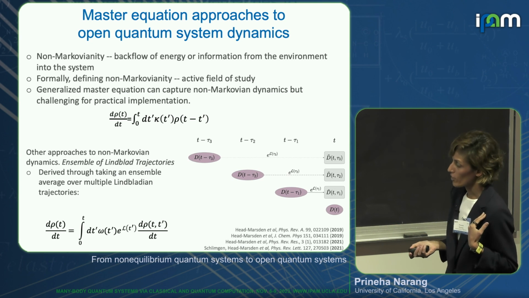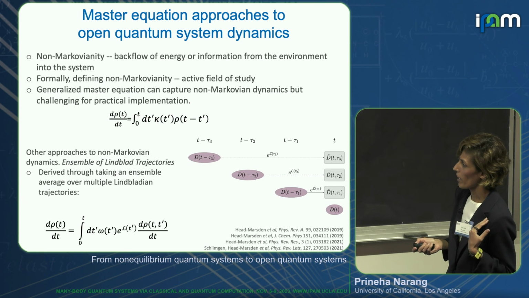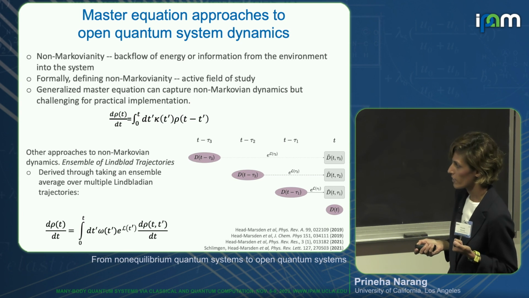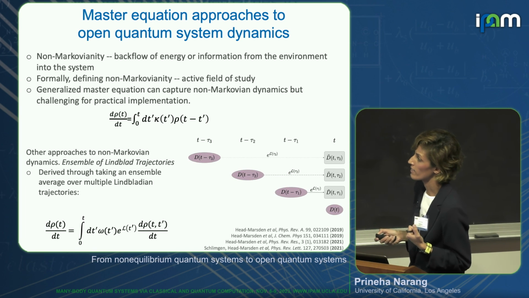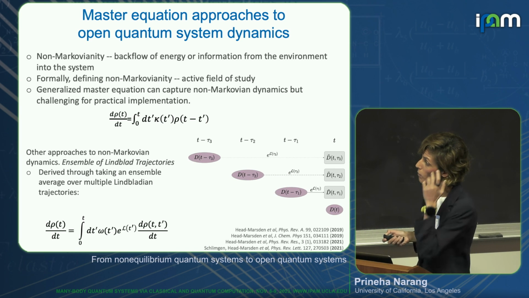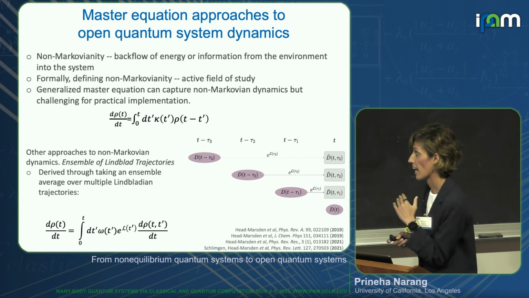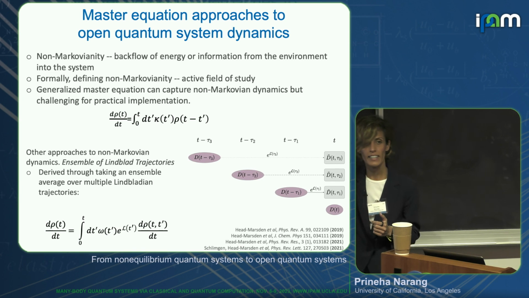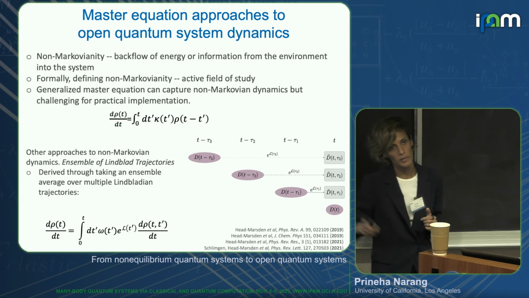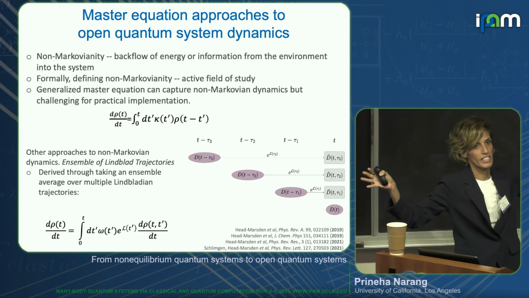So what we and others have done, primarily work by Professor Karehe Marsden, formerly a postdoc in the group, has been to introduce this approach called an ensemble of Lindbladian trajectories, which is, as it sounds, instead of directly propagating this, I can take a bunch of trajectories through the system and then eventually have an ensemble of these.